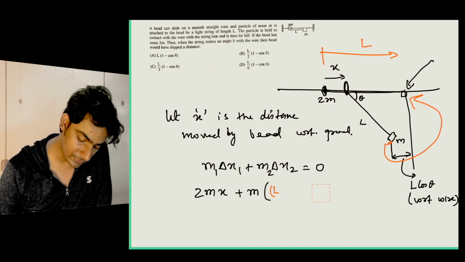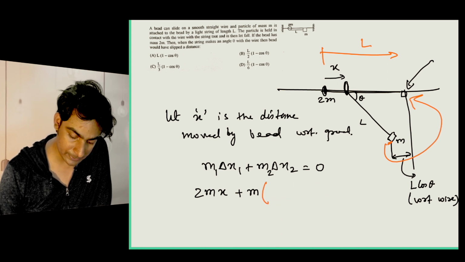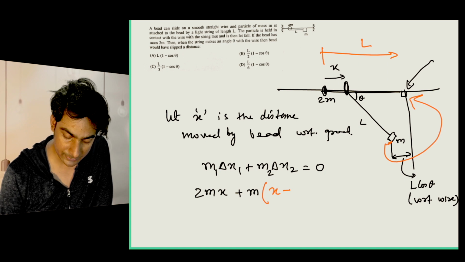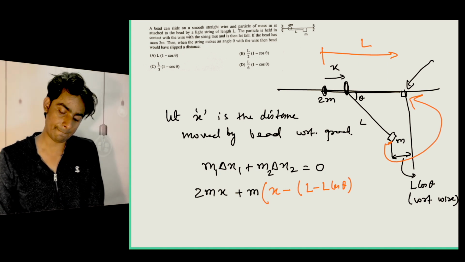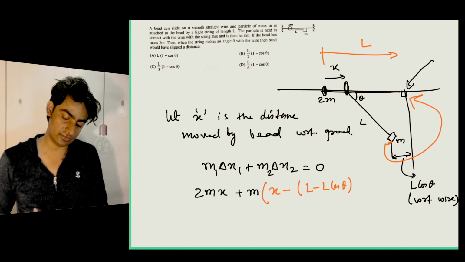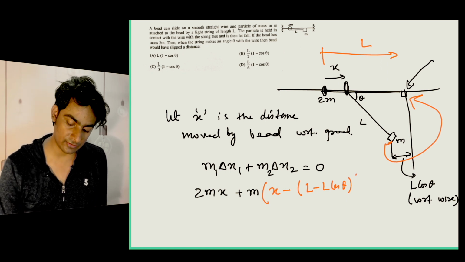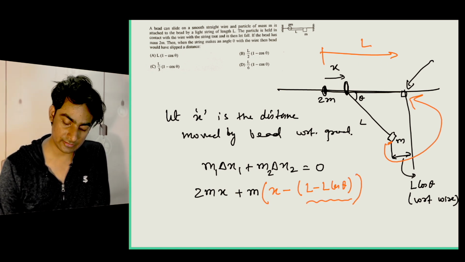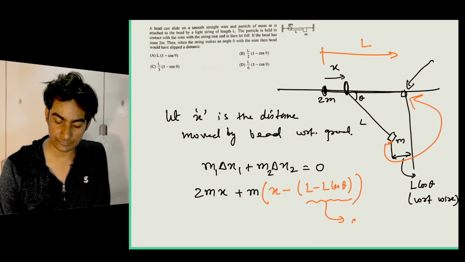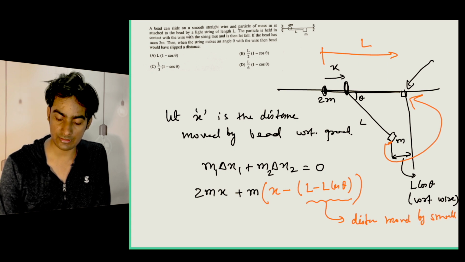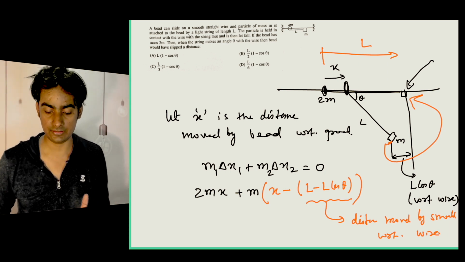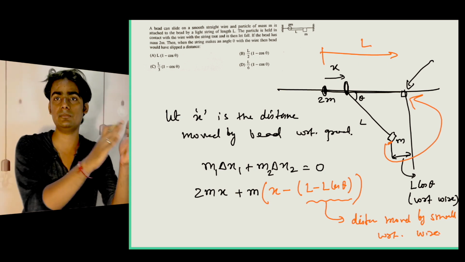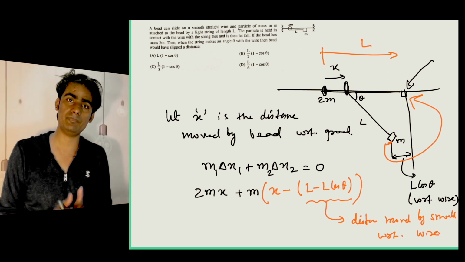So we write x minus L cos theta. L minus L cos theta is the distance moved by this small m with respect to the wire, in this direction.